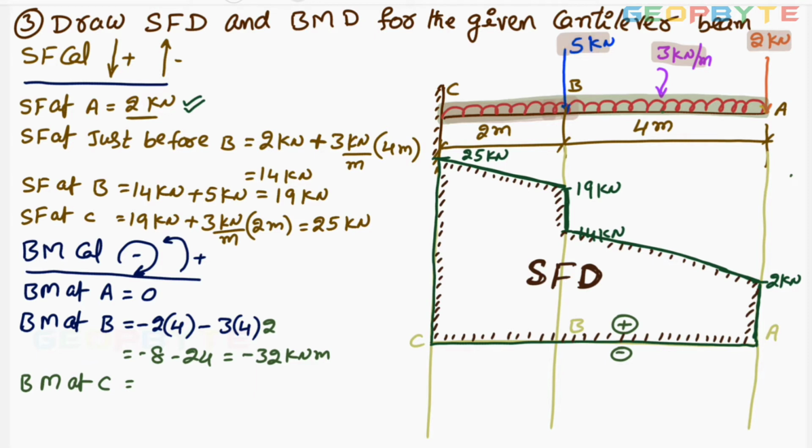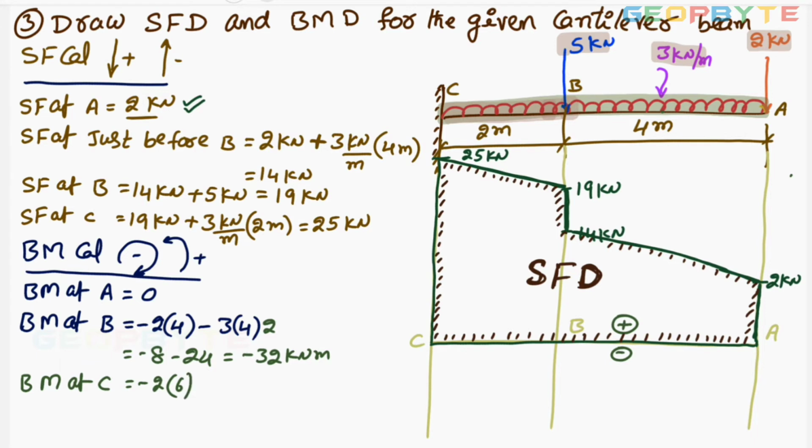Now, first let us find the bending moment due to 2 kilonewtons. All the loads are developing clockwise moments only. Clockwise moments are negative. Minus 2 into the distance up to C, which is 6.